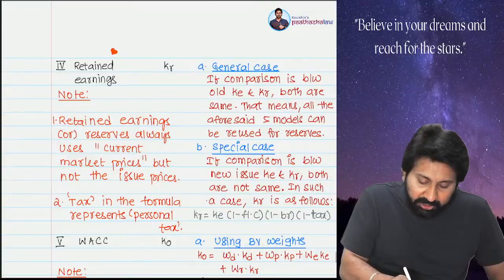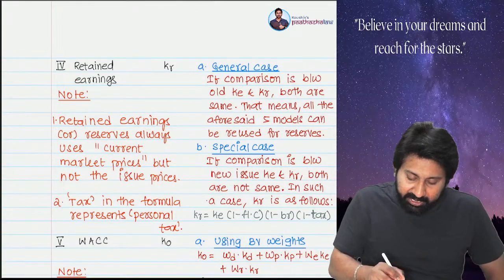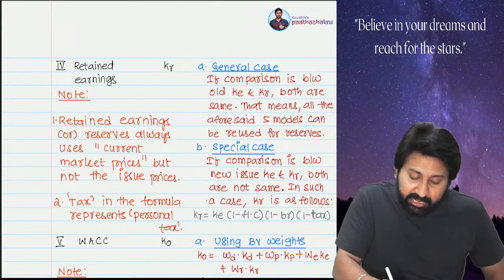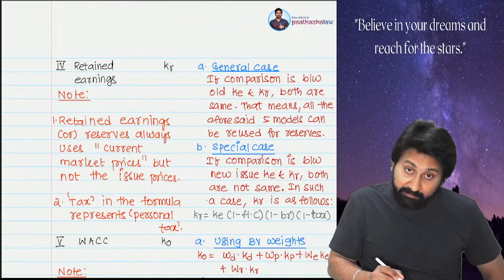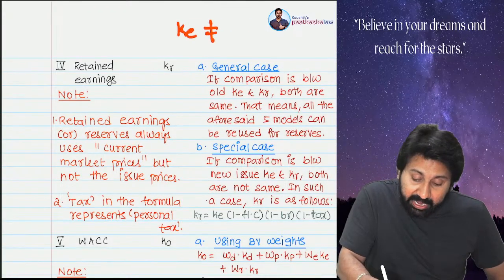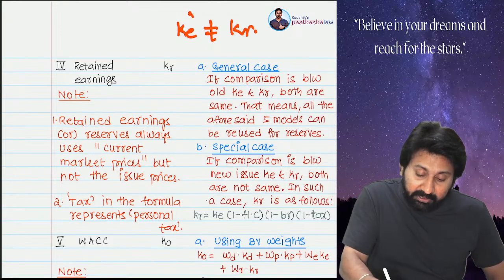Next, cost of retained earnings, KR. Generally, KE and KR both are the same. However, KE and KR will not be the same in case of a new issue.